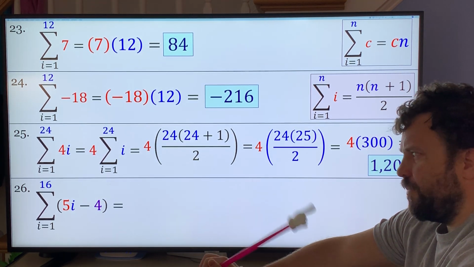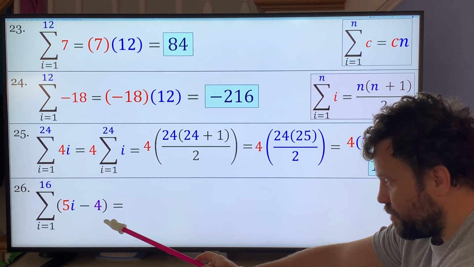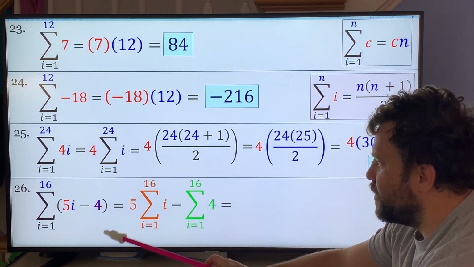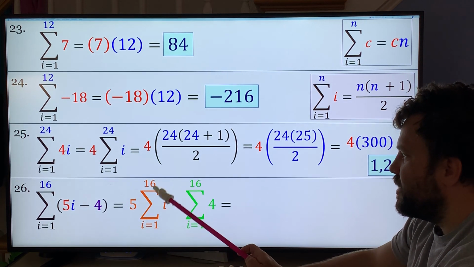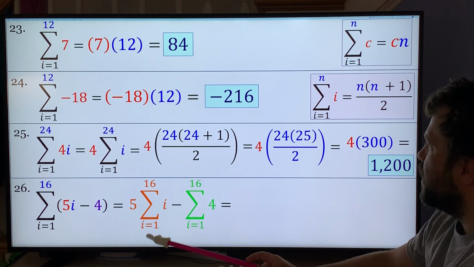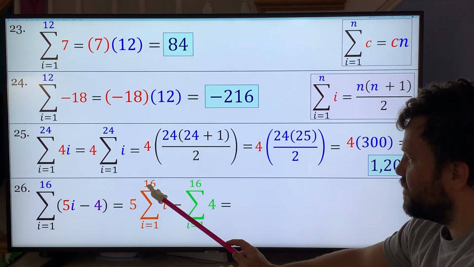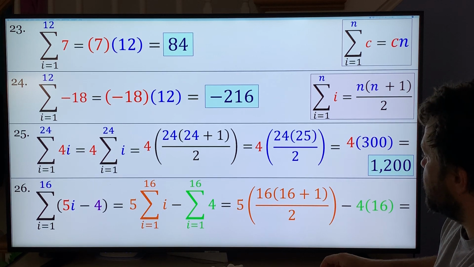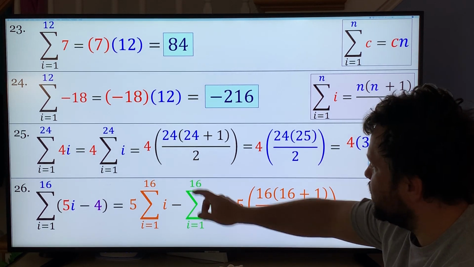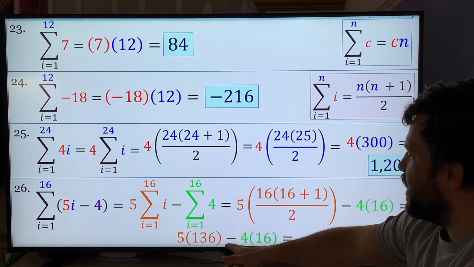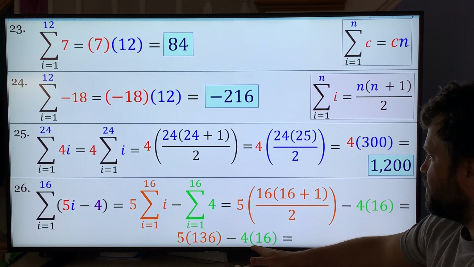This problem has a couple steps. First step is you split them up. The sum of, pull the 5 forward, 5 times the sum of I from 1 to 16, minus the sum of 4 from 1 to 16. So our n is 16, so it's 5 times 16 times 17 divided by 2, minus 4 times 16. 5 times 136 minus 4 times 16.